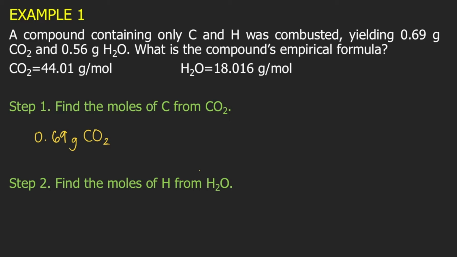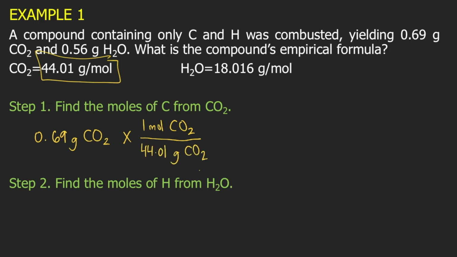We are given the molar mass of carbon dioxide in the problem. So 1 mole of carbon dioxide is equivalent to 44.01 grams of carbon dioxide. The grams of carbon dioxide cancels out, and this leaves you the moles of carbon dioxide.